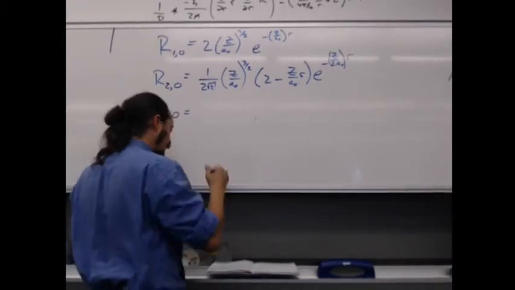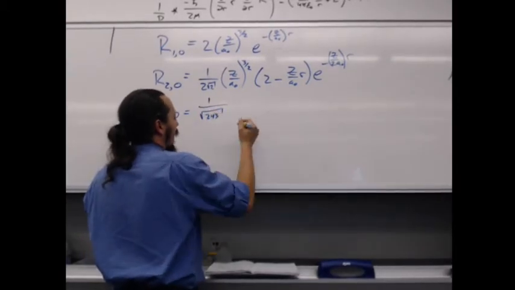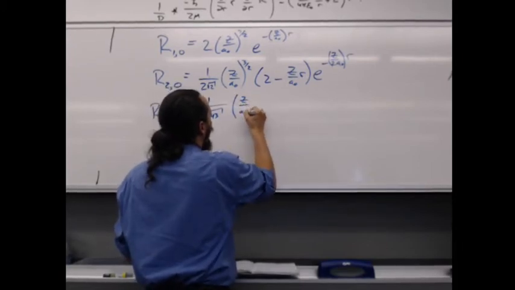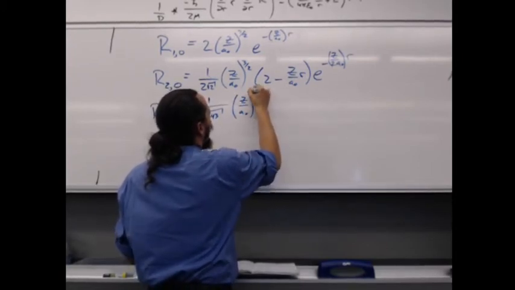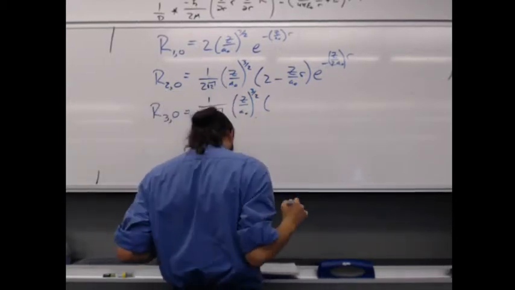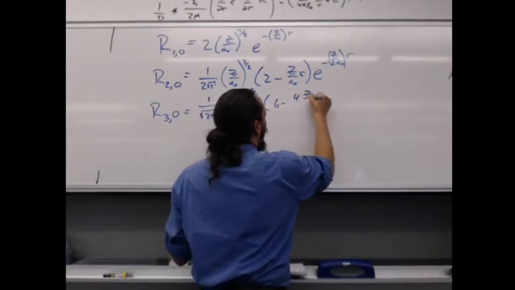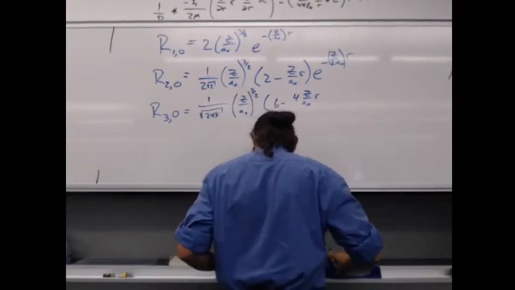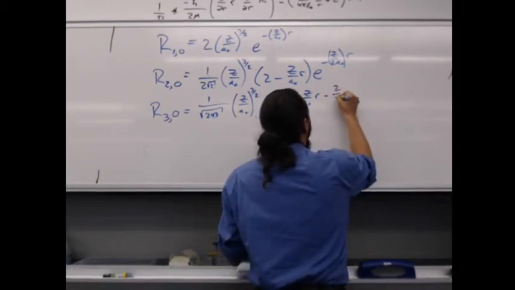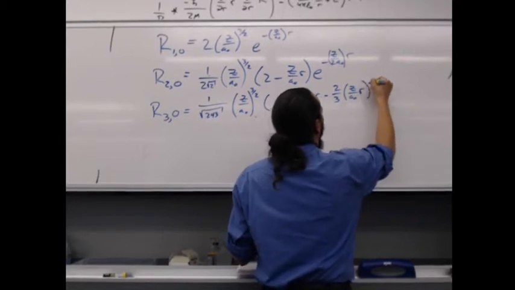R30 is 1 over root 243 z over a naught, so 3 halves times the quantity 6 minus 4 z over a naught r minus 2/3 z over a naught r squared.